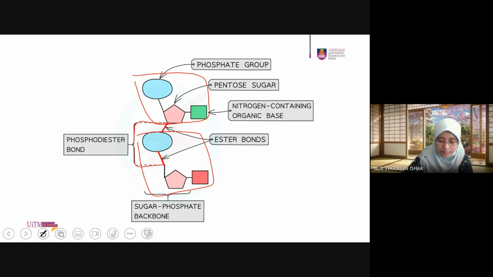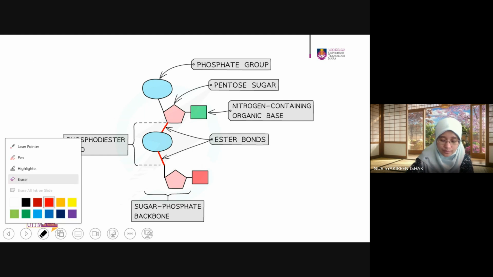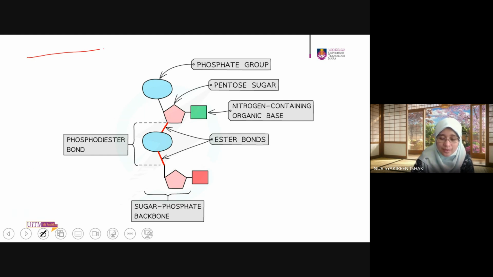Okay, so again, I'd like to emphasize the directionality of the polynucleotide. You have to know the direction. Why is it 5 to 3? The direction applies to any DNA or RNA molecule. A polynucleotide must start with a 5 prime end and end with a 3 prime end.